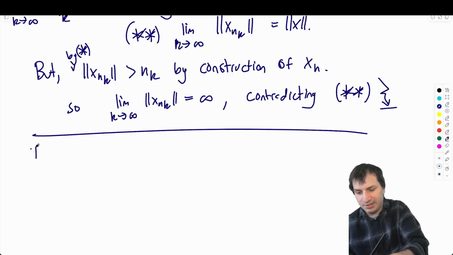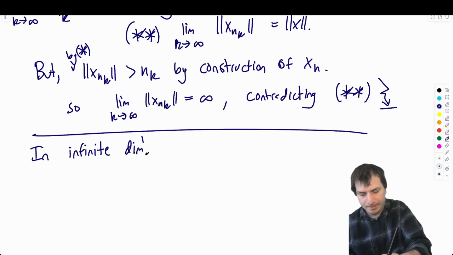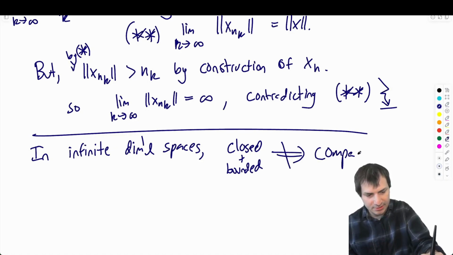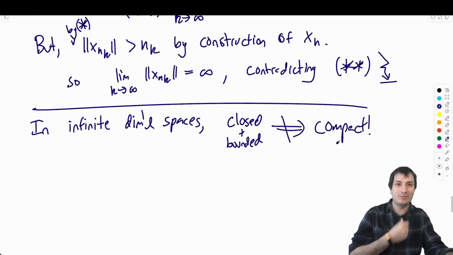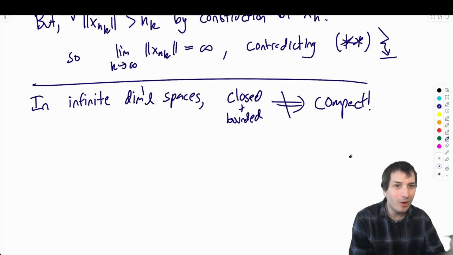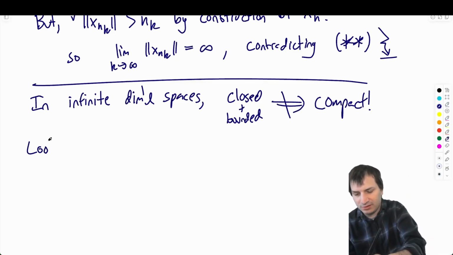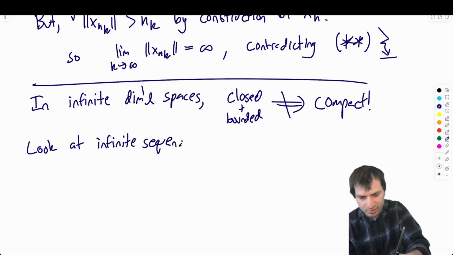So in infinite dimensional spaces, closed and bounded does not imply compact. Okay, and the simplest possible one I think of, and I always remember, is if you look at sequences, so look at infinite sequences, say with the sup norm or whatever norm you want.